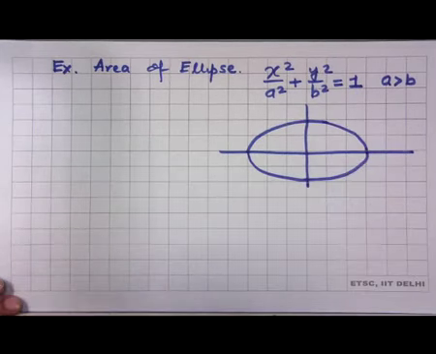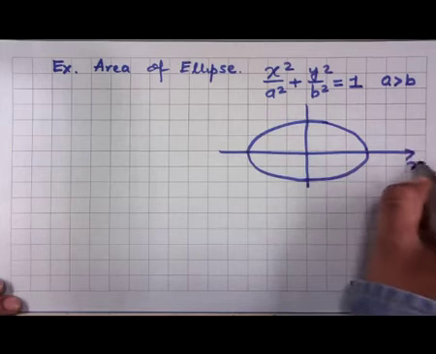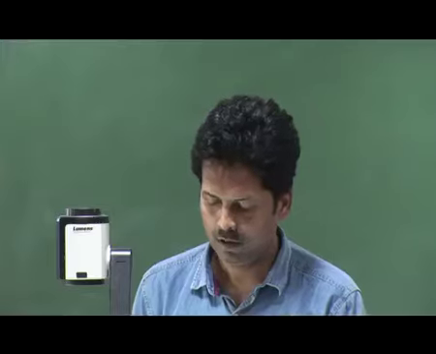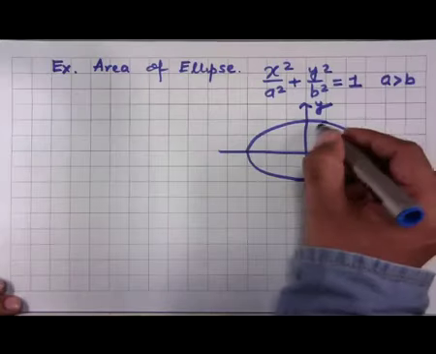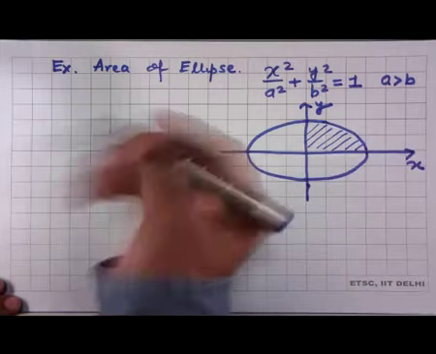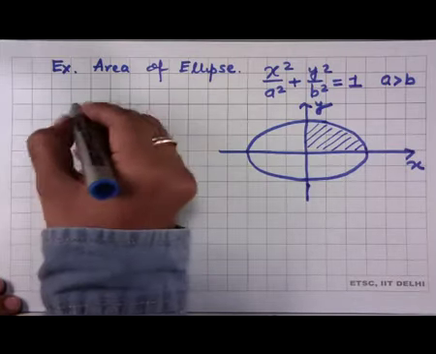Again, since this ellipse is symmetric with respect to both x and y axis, we may compute only 1/4 of the area and then multiply it by 4 to get the total area.